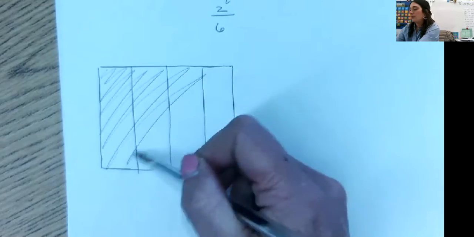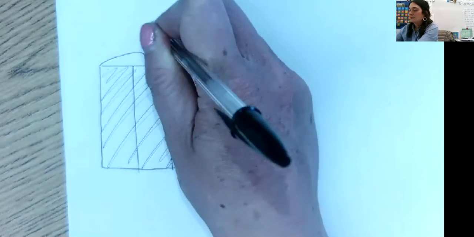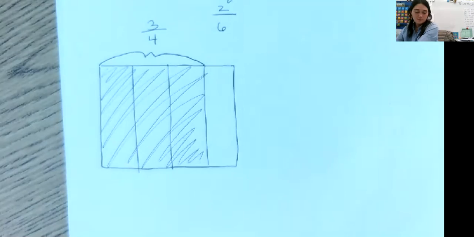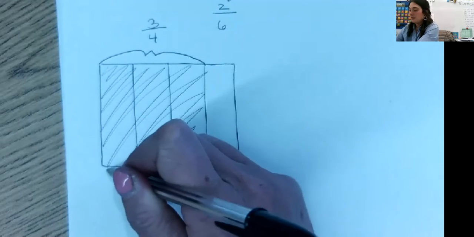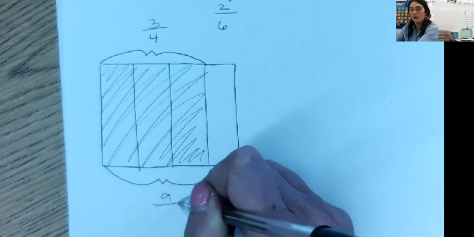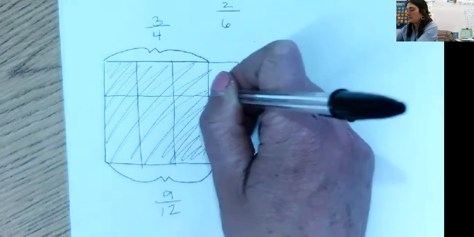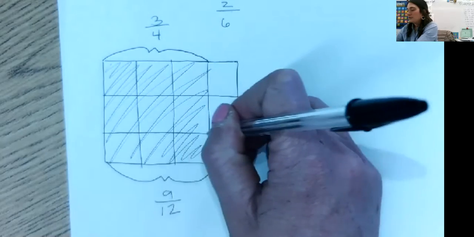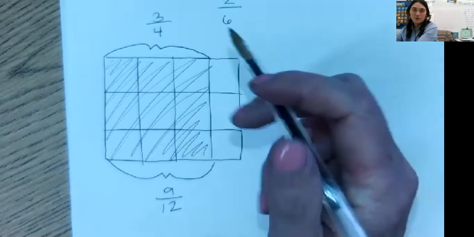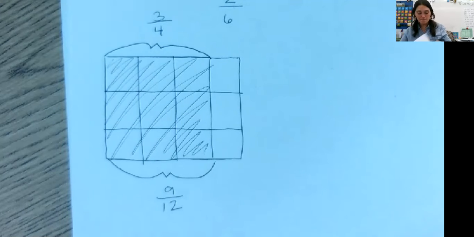I'm going to draw 3/4. Is equal to 9/12. If I want that to show 9/12, I'm going to have to split it 1, 2, 3 more rows. 9/12. Okay?